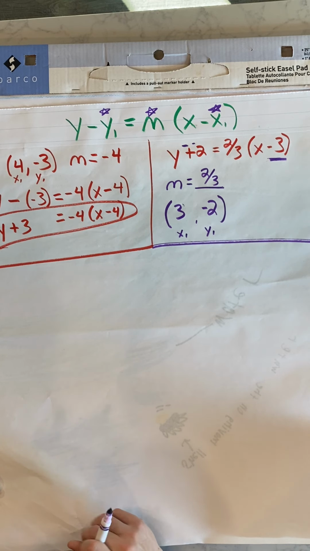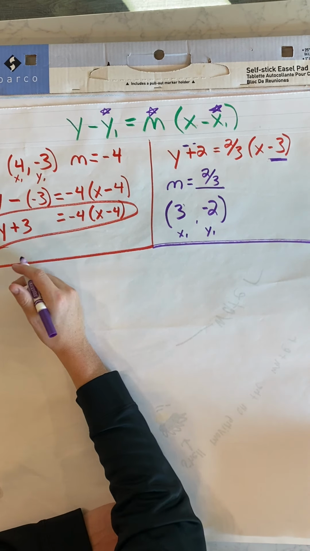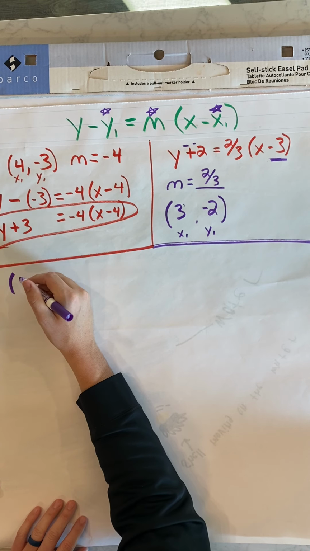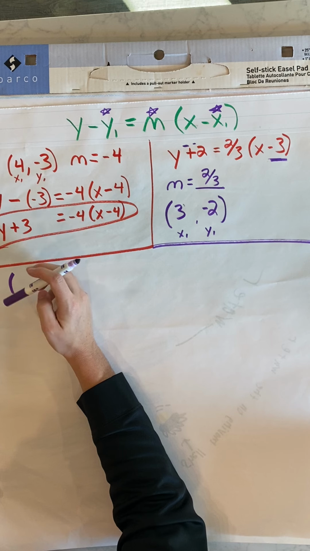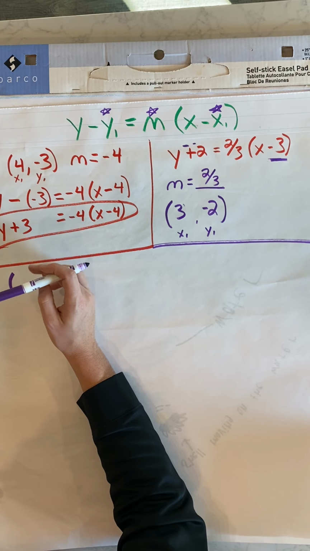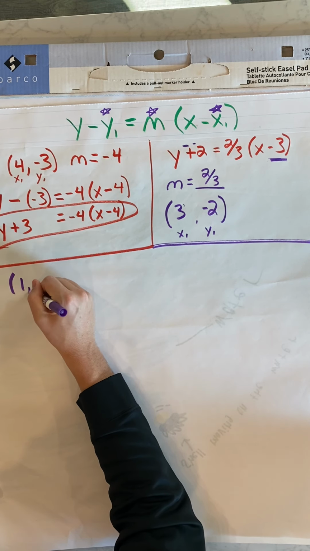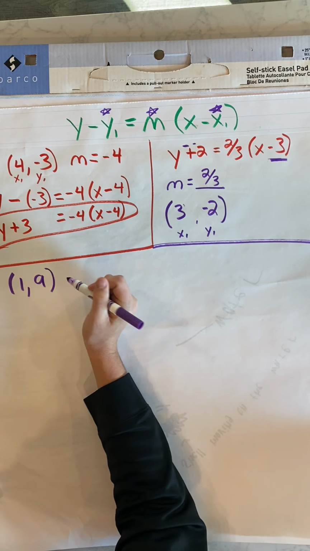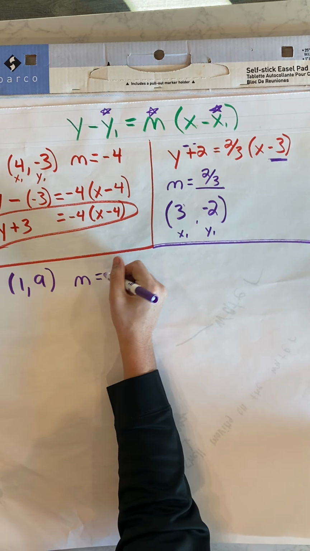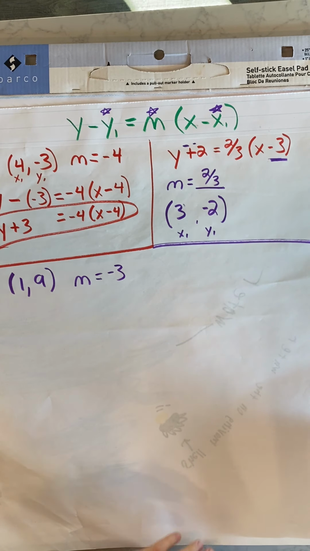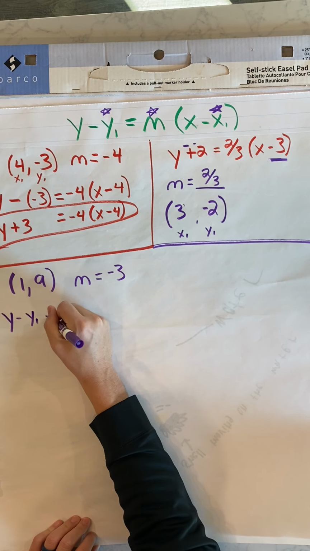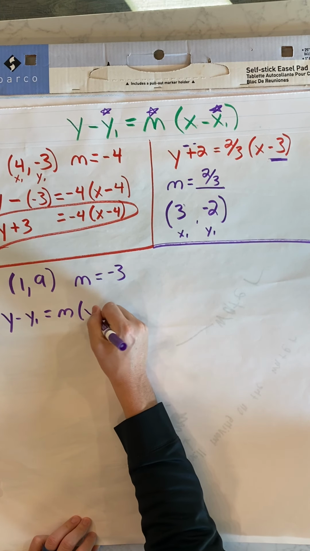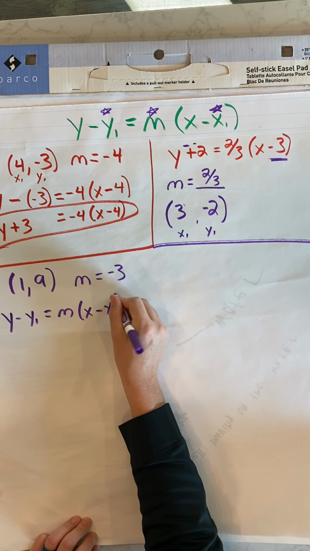All right, let's look at another one. We're given the point (1, 9), m equals negative 3. So we're just going to use that equation there: y minus y1 equals m times the quantity x minus x1.